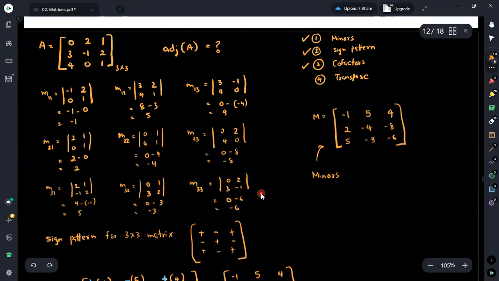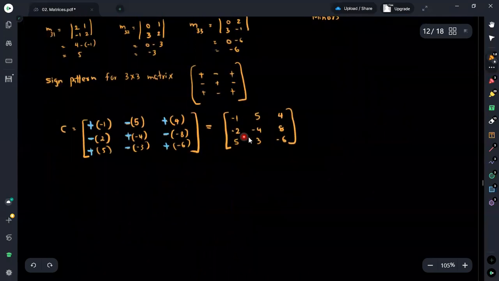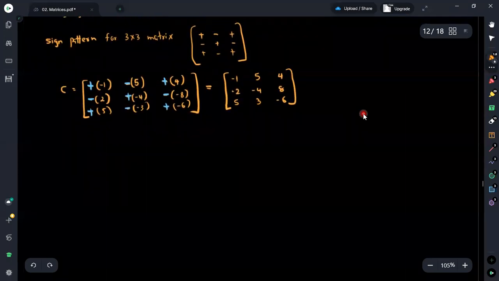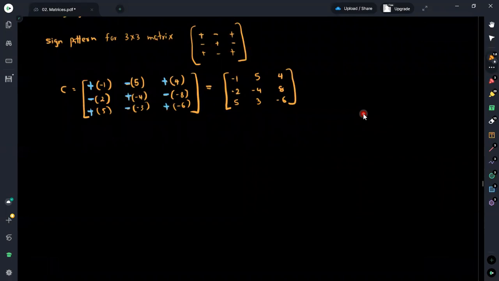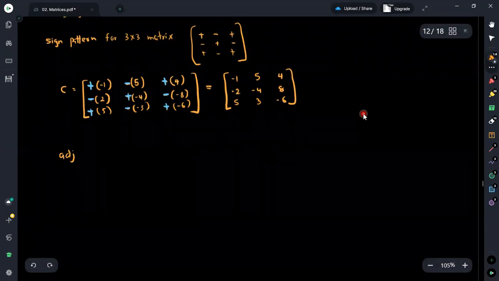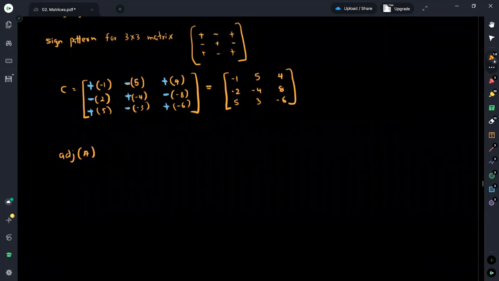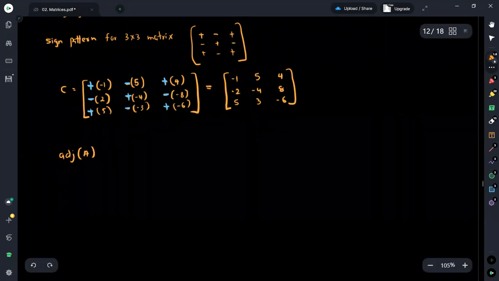And then as the last part, we need to obtain the transpose of the matrix. Therefore, we can take the transpose of this matrix C as the adjoint matrix. We can write it as the adjoint of matrix A, denoted as ADJA. ADJ stands for the adjoint, and A is the matrix that we are using.